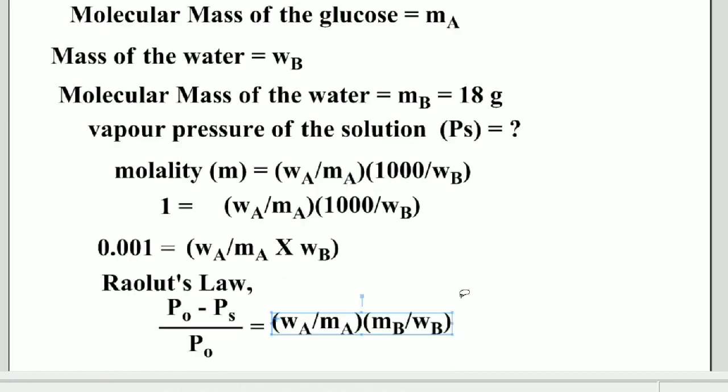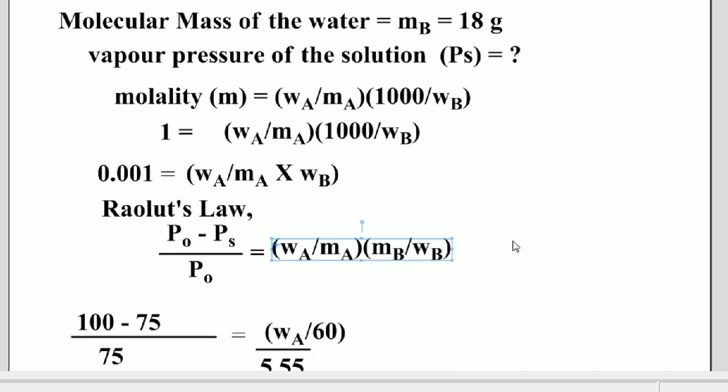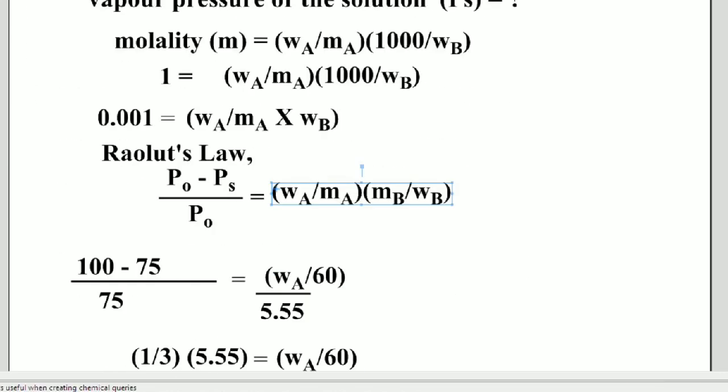Now given P0 is equal to 760 mm of Hg, and students, we should find the vapor pressure of the solution.